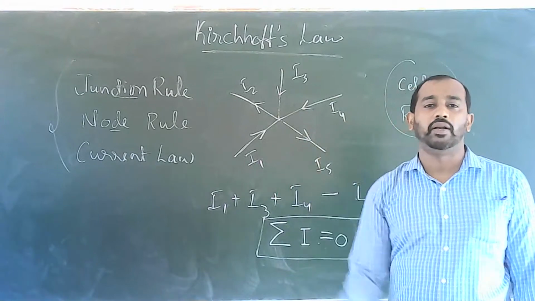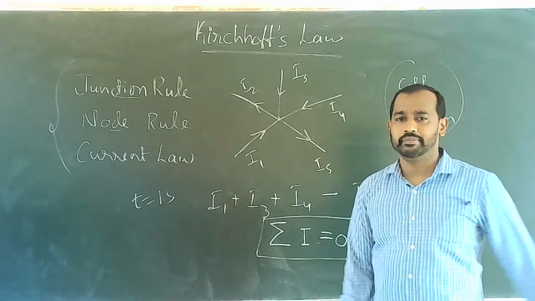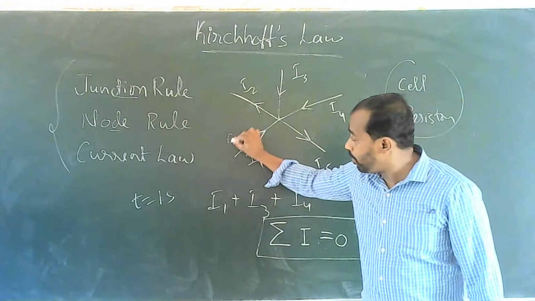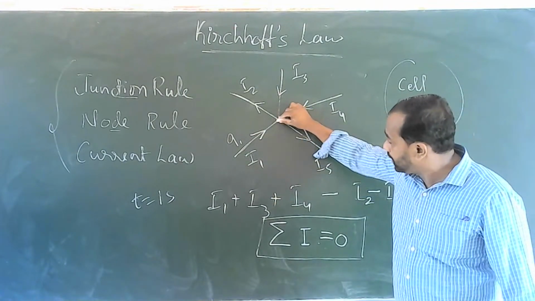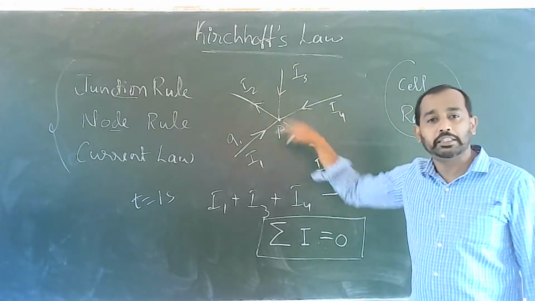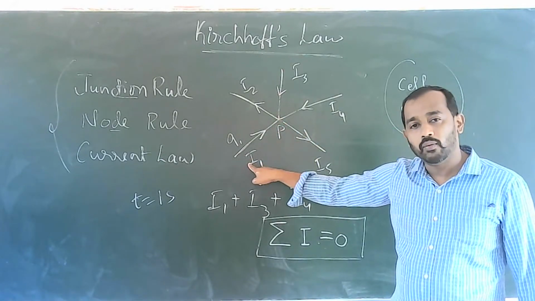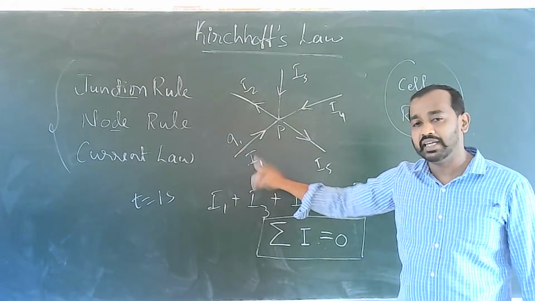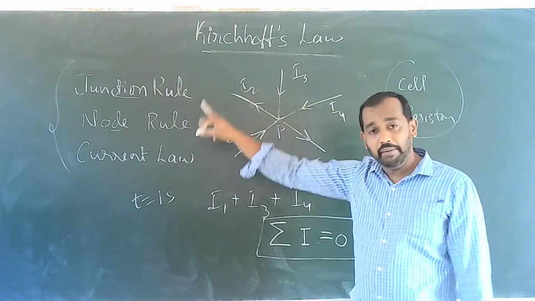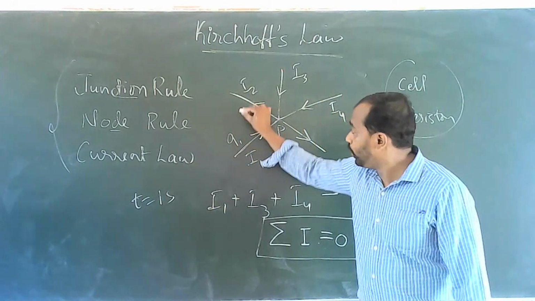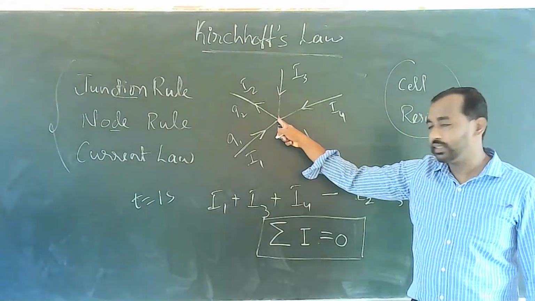Assume that in a particular time interval of t equal to 1 second, unit time, Q1 amount of charge reaches the junction, which I will represent as P, via this path which constitutes the current I. Similarly, in the same time interval, Q2 amount of charge will move out of the same point.